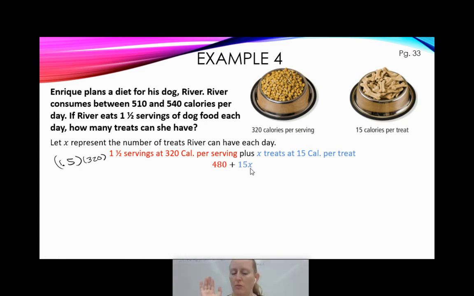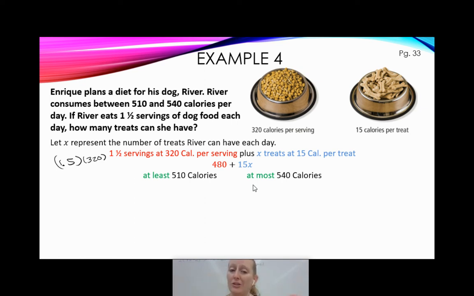Now, remember, we're trying to be between 510 and 540, right? You don't want to feed your dog too little. Depending on the dog, they've got a lot of energy to burn, right? You don't want to feed them too much because we're trying to keep them in a healthy weight range. So we want to feed River at least 510 calories and at most 540 calories.